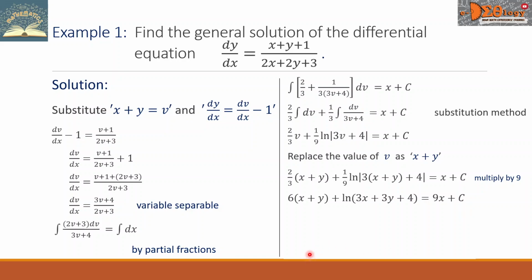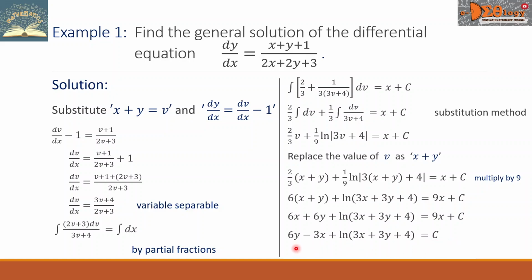The next step here now is to distribute this 6 to the x plus y. So it becomes like this. We can see that we have 6x on the left side and 9x on the right side. We can combine these two x's. So we have now this 6y minus 3x plus, we just copy this natural log value equals the constant c.